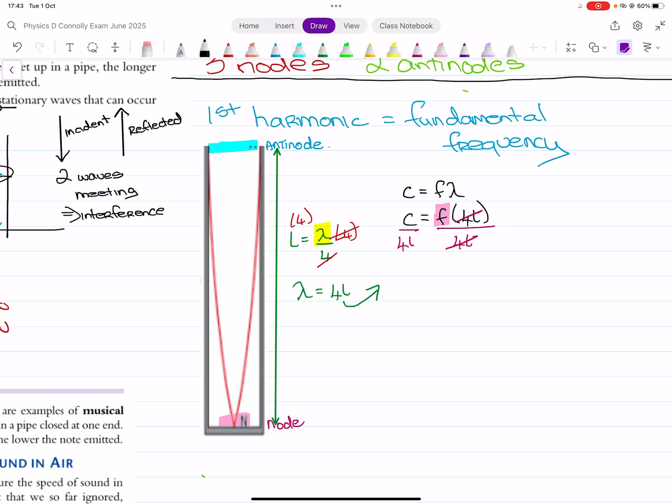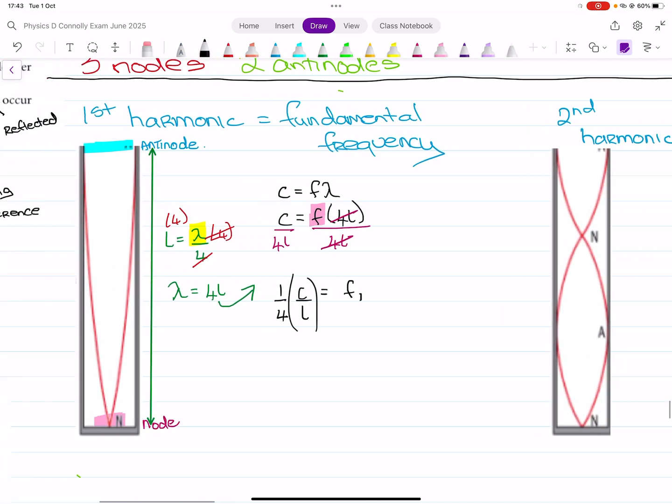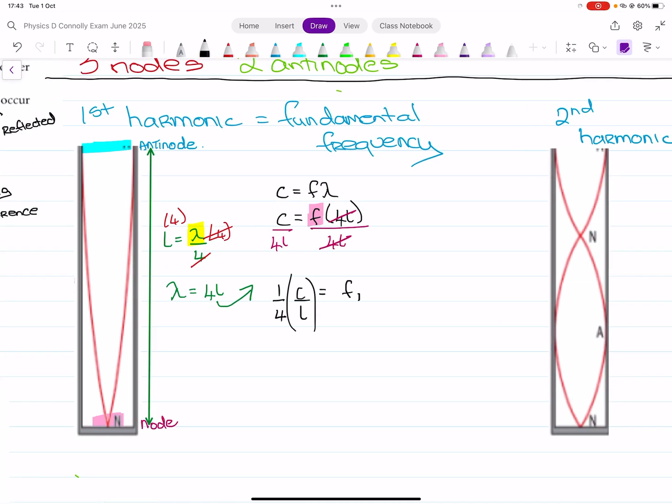So I get F1, which is the frequency of the first harmonic, is C over 4L, or a quarter C over L. Okay, so we'll keep going. So that's what the first harmonic looks like.